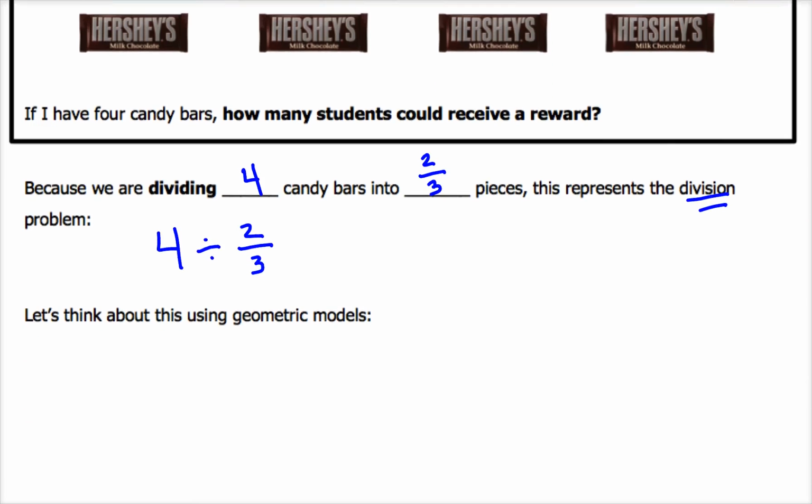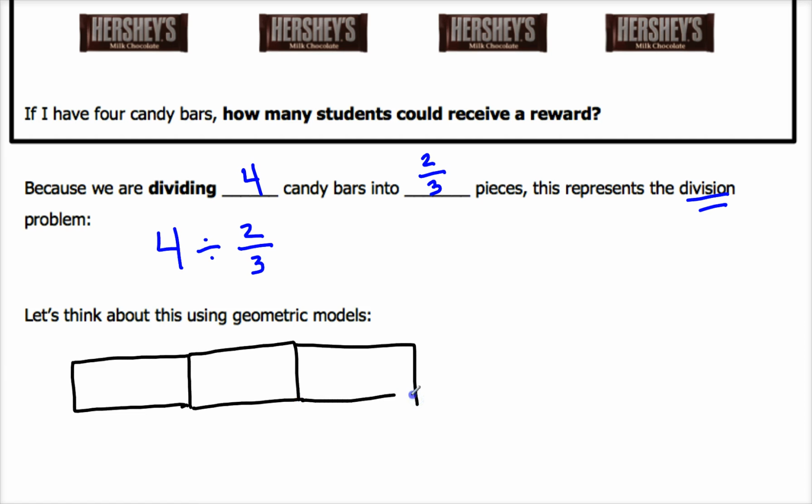Down here in this space, I'm just going to draw 4 rectangles to represent my 4 Hershey bars. So here's 1, 2, 3, and 4.